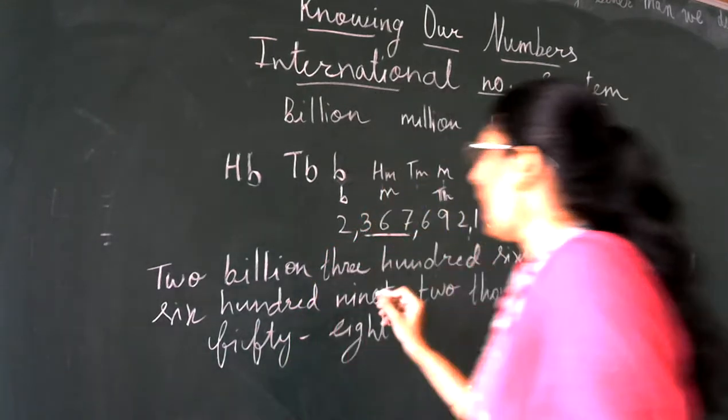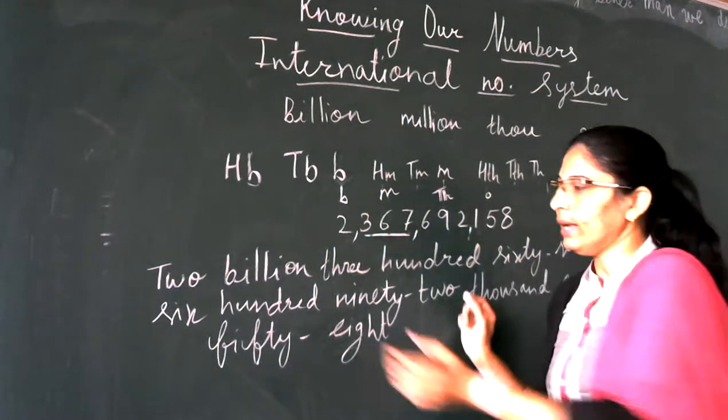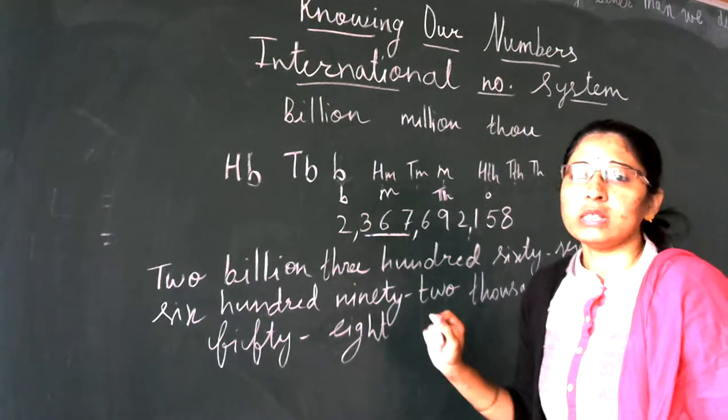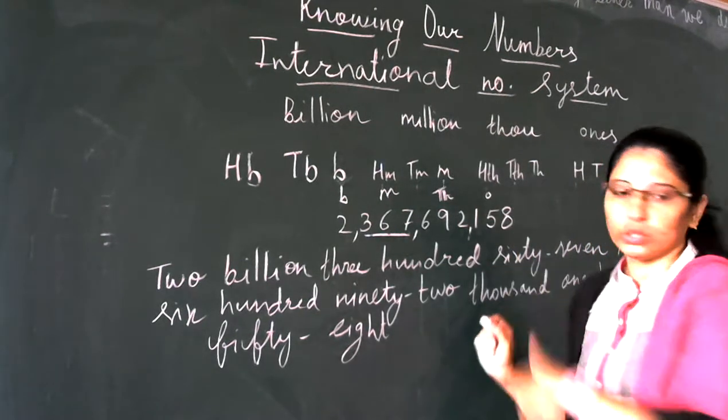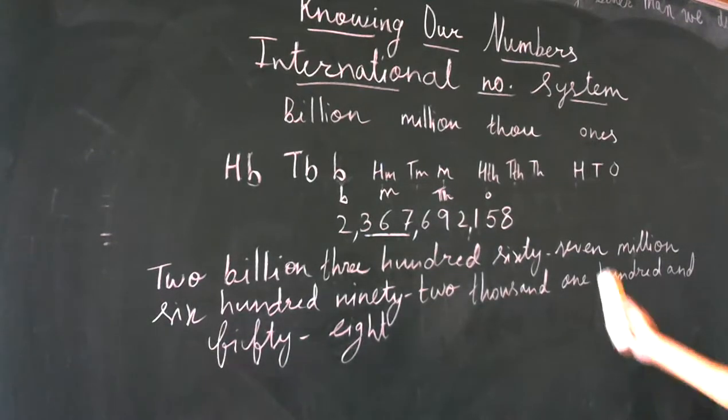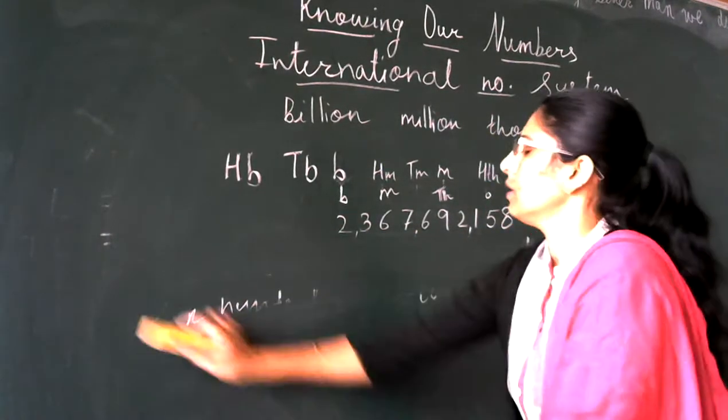So reading, how we read like that only, by using the correct spellings we need to write its number name. Okay, so this is about reading and writing in the international number system.